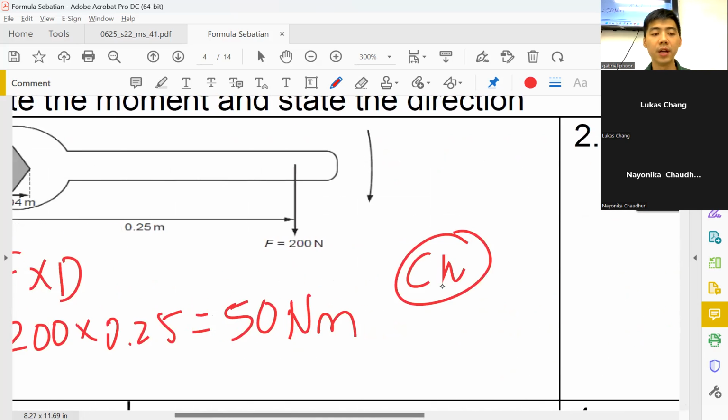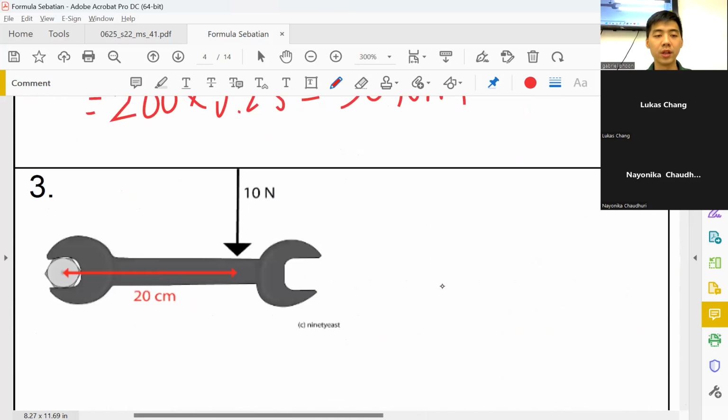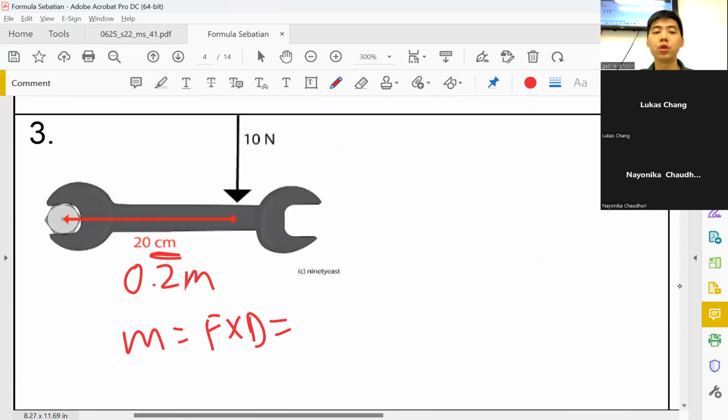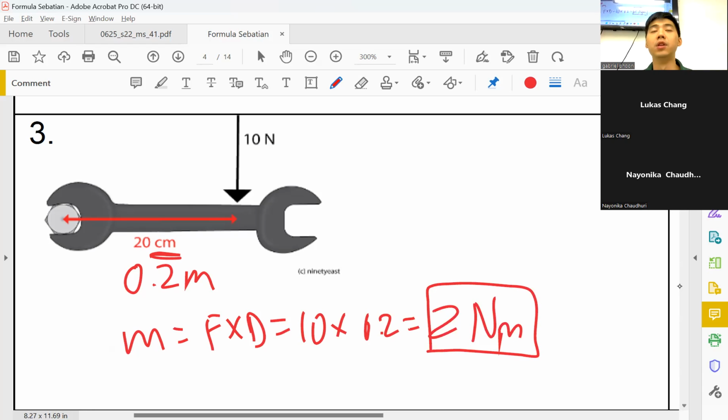The next question, you'll notice that this is in cm, guys. So you're supposed to change it into meters, which is 0.2. From here, yet again, moment equals force times distance, which is 10 times 0.2, giving you 2 Newton meter. This would have been your answer for question number 3.